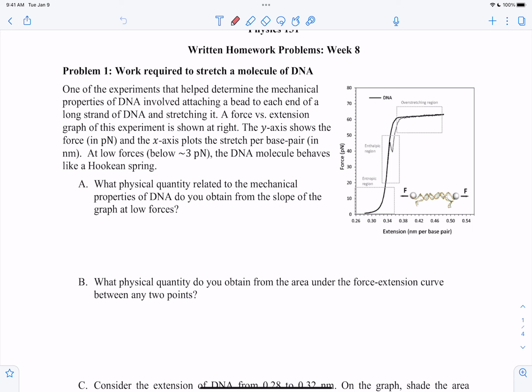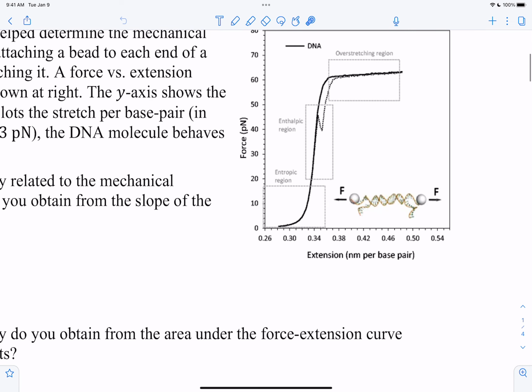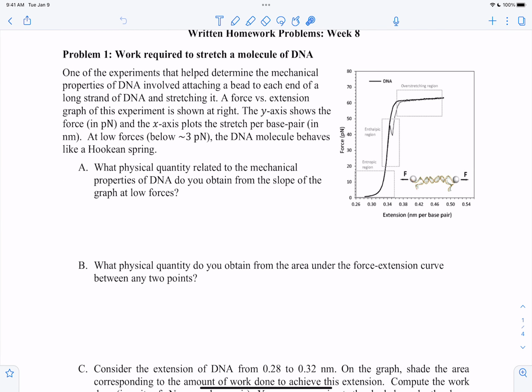So we really just know that our y-axis is force and our x-axis is our displacement or extension or compression, right? Or actually in this case it's just extension. So just the displacement that we have for this spring.